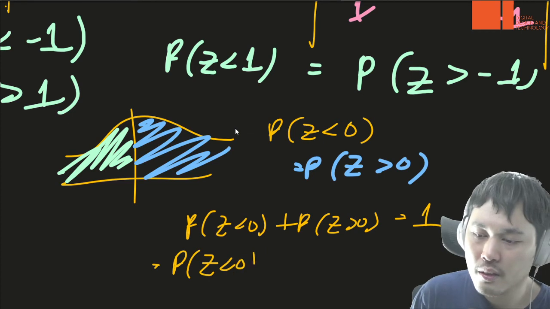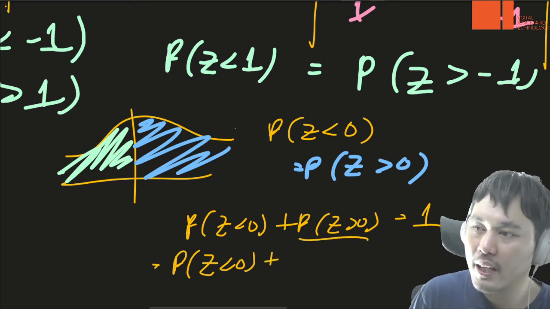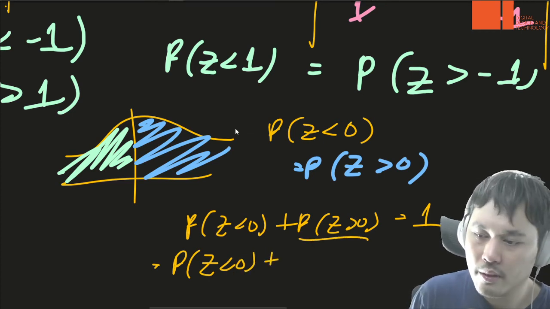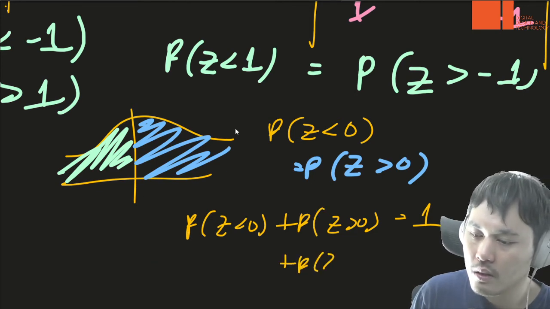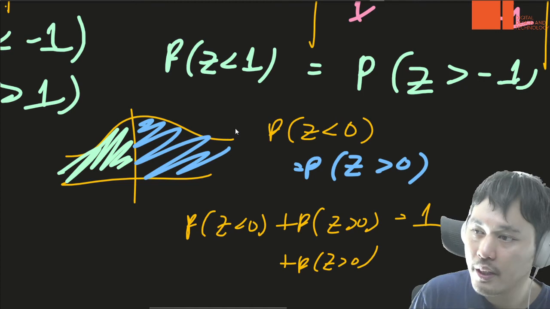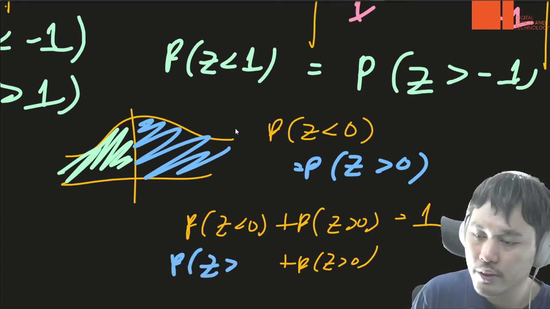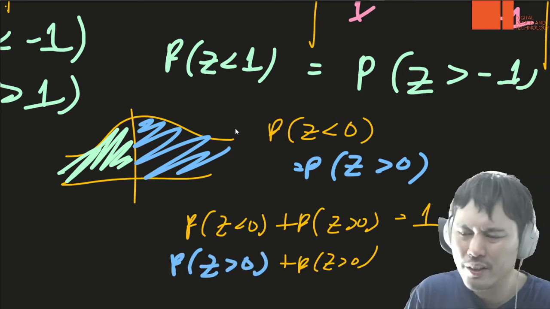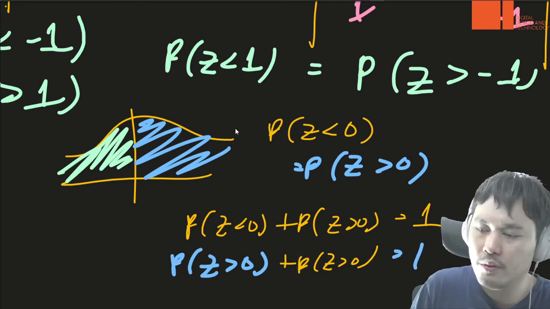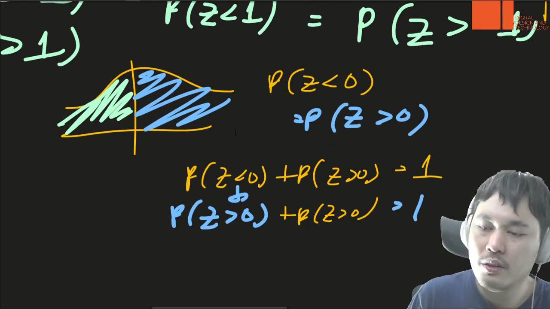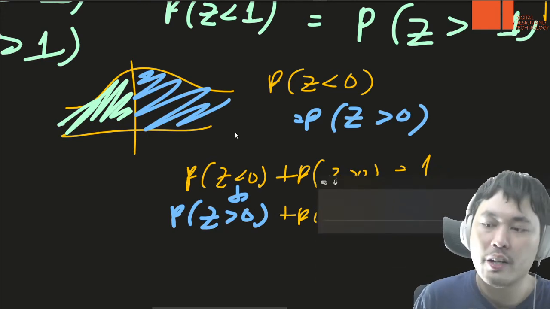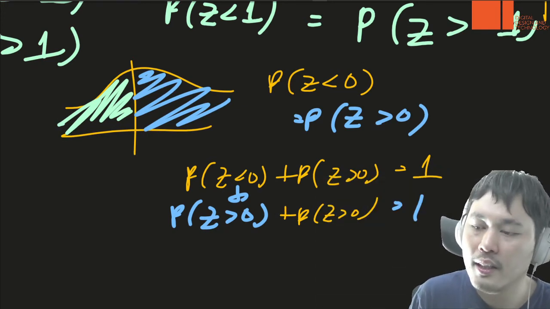Let me do it this way. We can rewrite this as P of z greater than 0 plus P of z greater than 0, which still equals 1. You're just changing from that to that, so it's just twice the value of P of z at least 0.